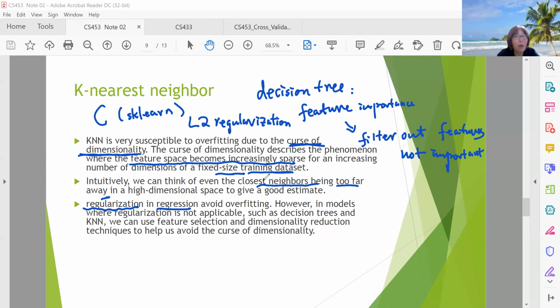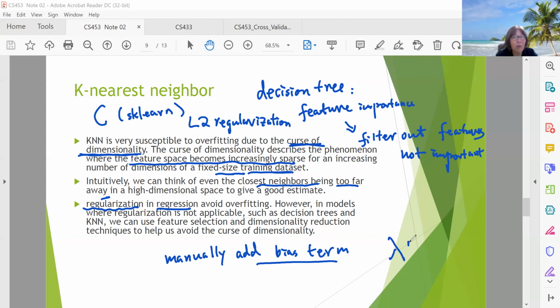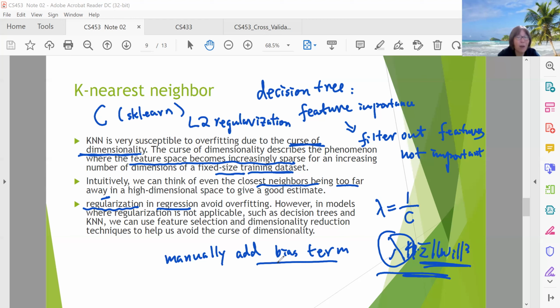L2 regularization adds a penalty term through the weights, and lambda is the inverse of sklearn's parameter C. If you add this term, it adds more impact for bias, so it can bring down the overfitting issue.